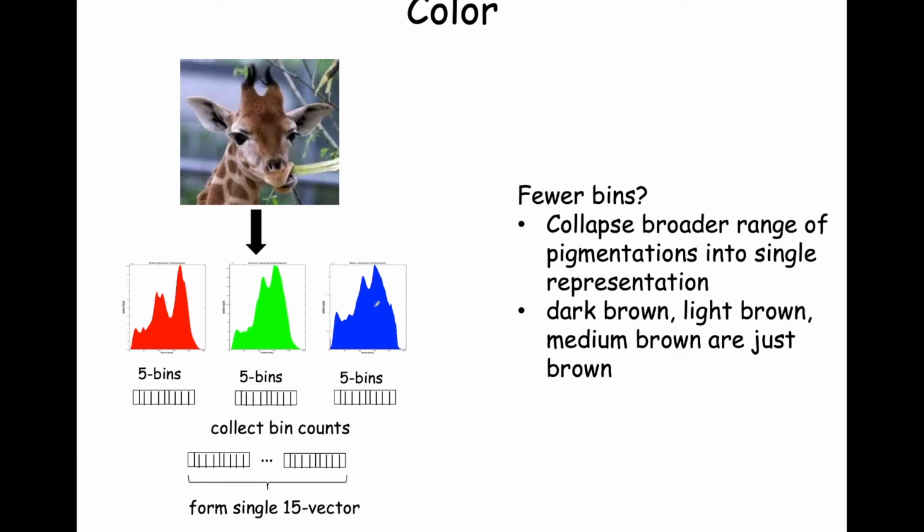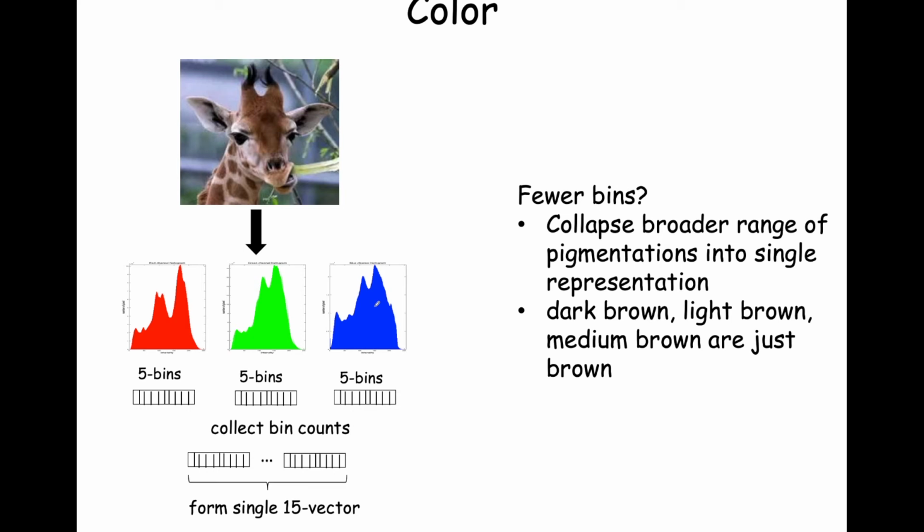Effectively, the range of 255 values is now quantized into 5 levels instead of 10, so each bin represents a broader set of values. You're going to collapse a broader range of pigmentations for the giraffe example into a single representation. Differences in pigmentation, whether dark brown, light brown, or medium brown, are just categorized as brown. And so with a smaller number of bins, you get less fine-grained resolution for representation.